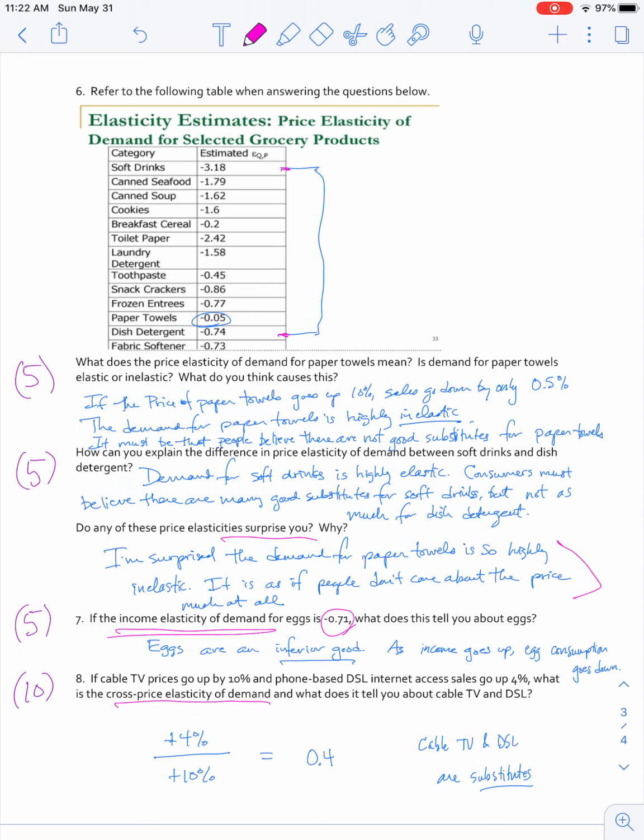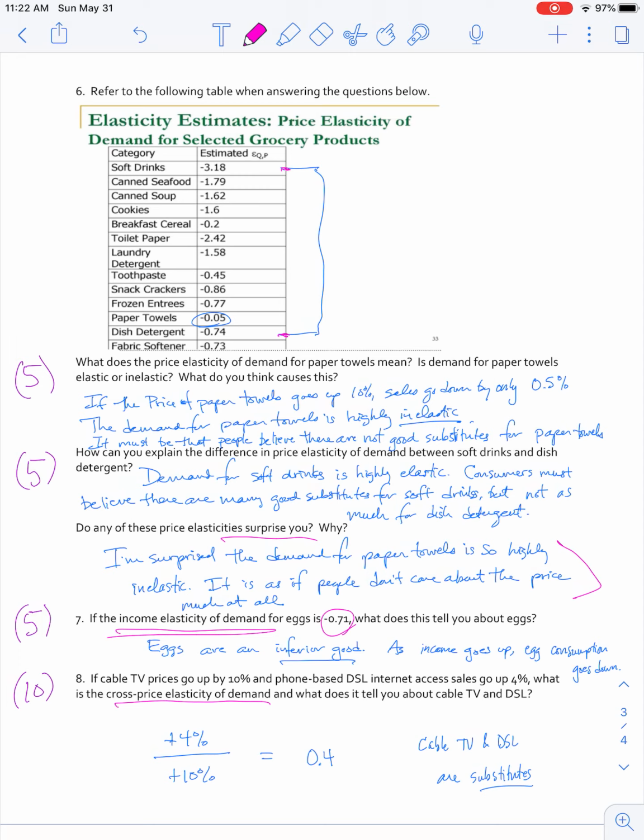And the last one is a cross price elasticity of demand question. If cable TV prices go up 10% and phone-based DSL internet access goes up 4%, what is the cross price elasticity of demand? What does that tell you about cable TV and DSL?